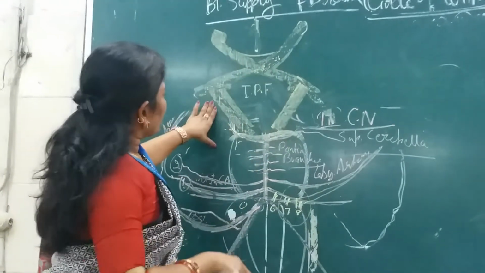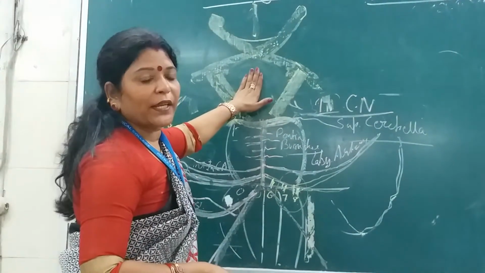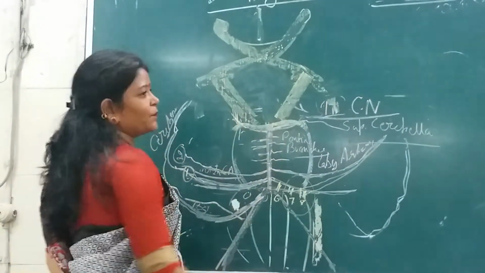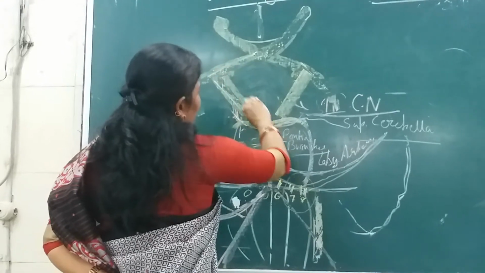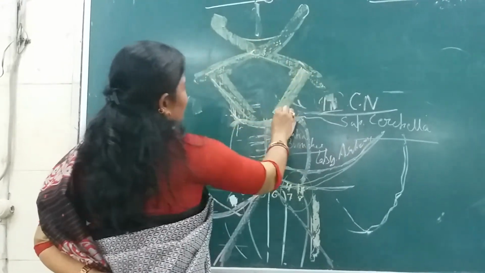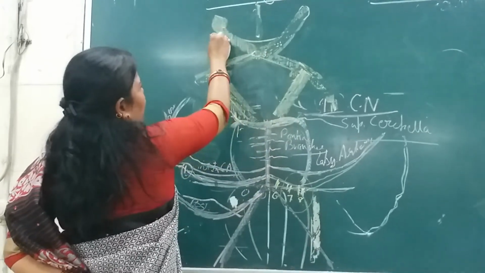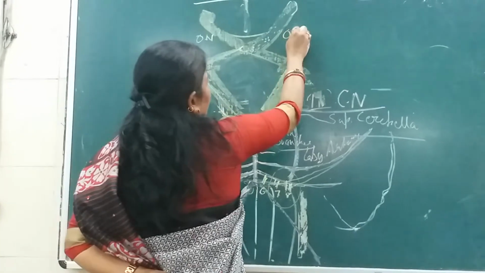Now, what are the structures lying here in the interpeduncular fossa? Anyone? And anterolaterally and posterolaterally, what is this? This is the optic nerve, both sides.